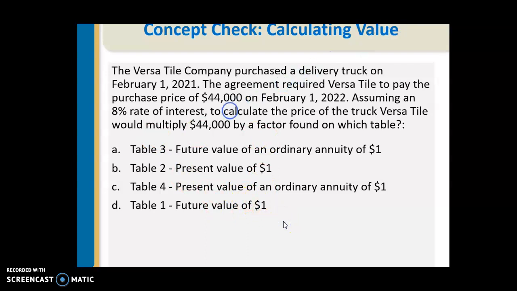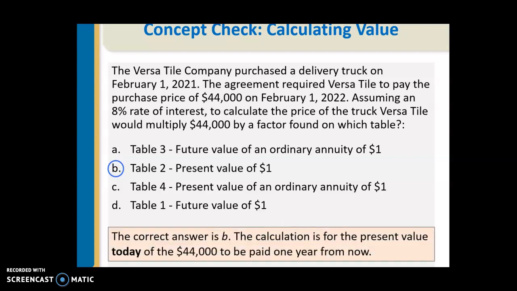And if you chose answer B, Table 2, present value, you're absolutely right. As explained on the bottom of page 243 in your textbook, we can use the present value and future value tables to solve for unknown values. As explained in the text, there are 4 variables in the process of adjusting a single cash flow amount for the time value of money.